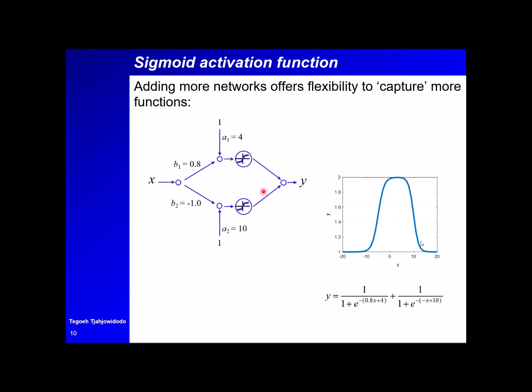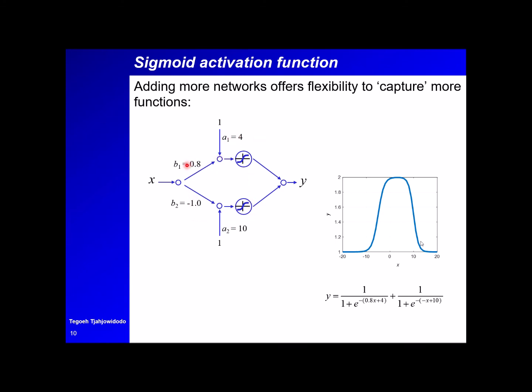Now I combine two networks. I have one input, two outputs, same as before, but instead of using one network, now I put two networks in parallel like this with different weightages.